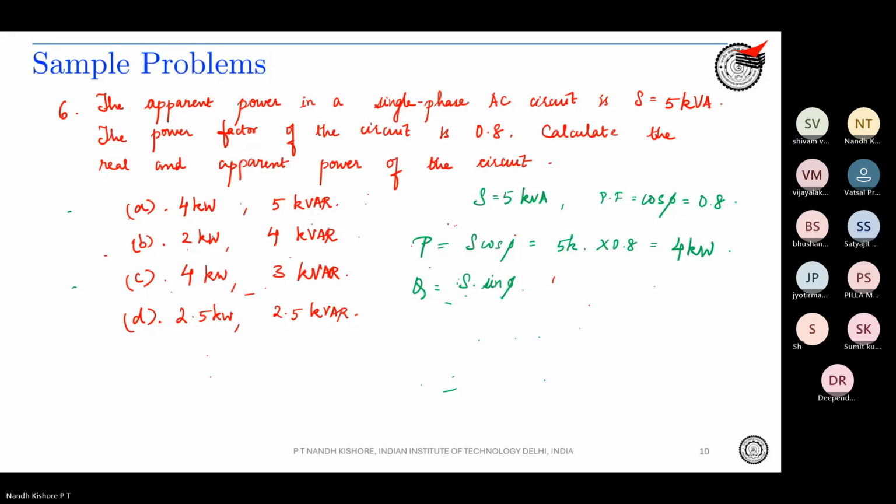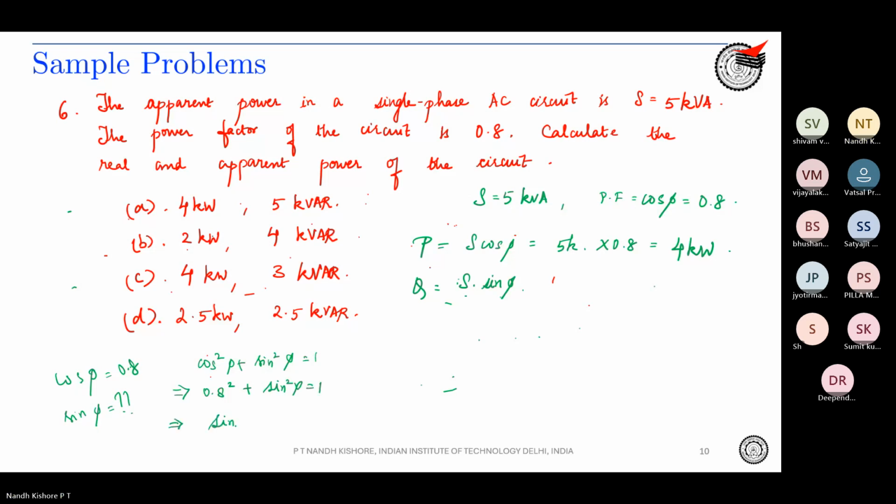So if cos phi is 0.8, what is sin phi? You know that cos square phi plus sin square phi equal to 1, right? So 0.8 square plus sin square phi equal to 1.